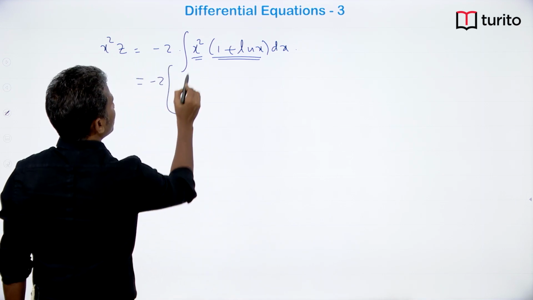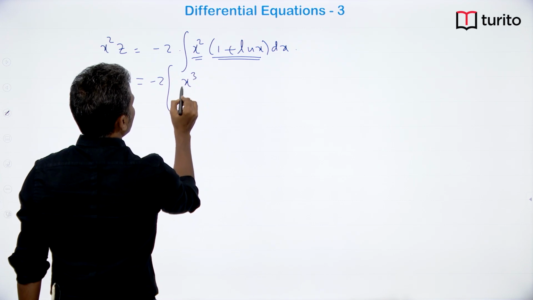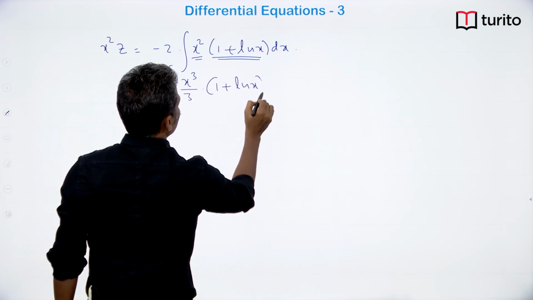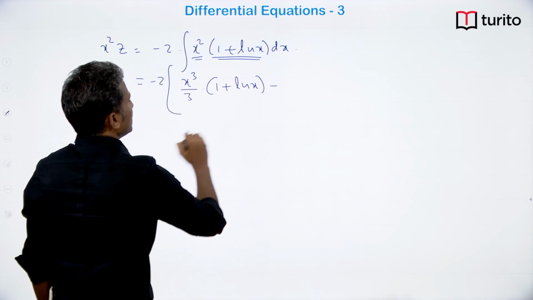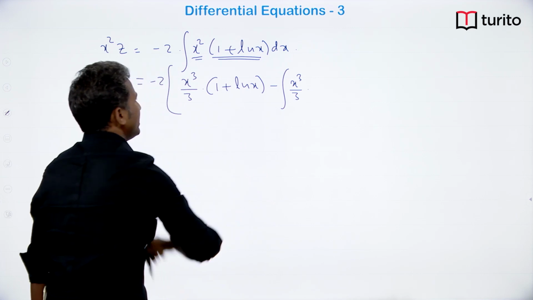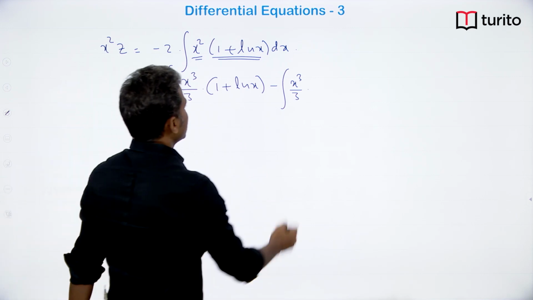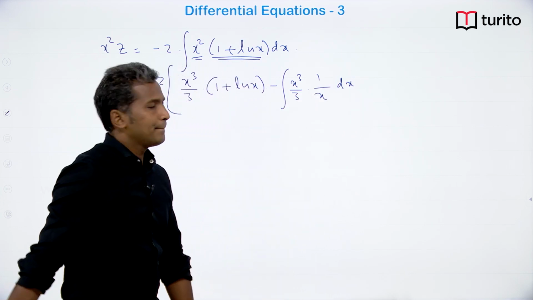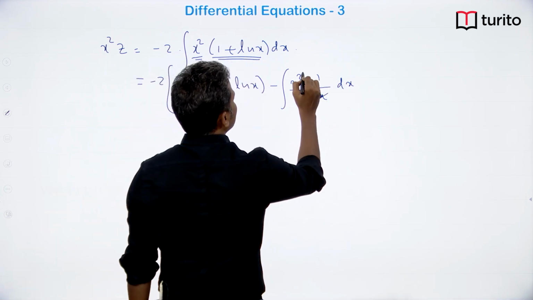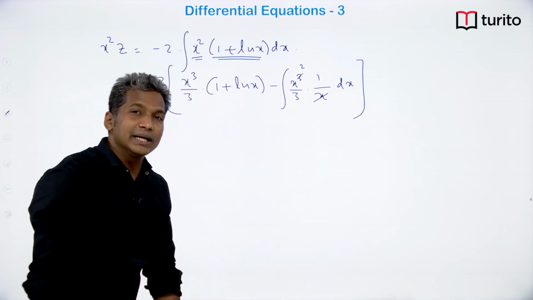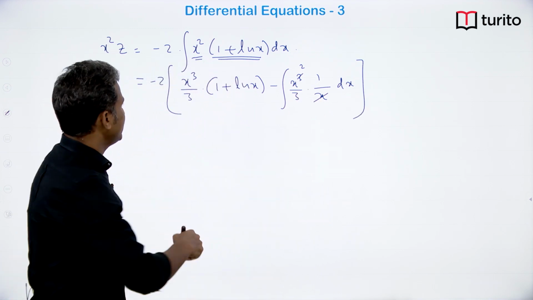Minus 2 into integral of x square is x cube by 3 into 1 plus ln x minus integral of x cube by 3 into derivative of 1 plus ln x, which is the same as 1 by x, okay. Now luckily this x gets cancelled here, so x square will remain. What is the integral of x square? X cube by 3.